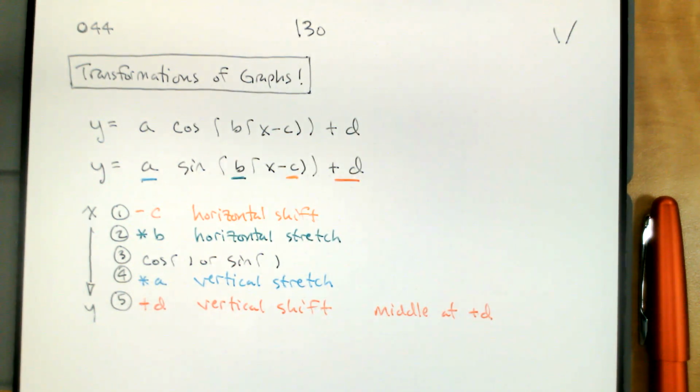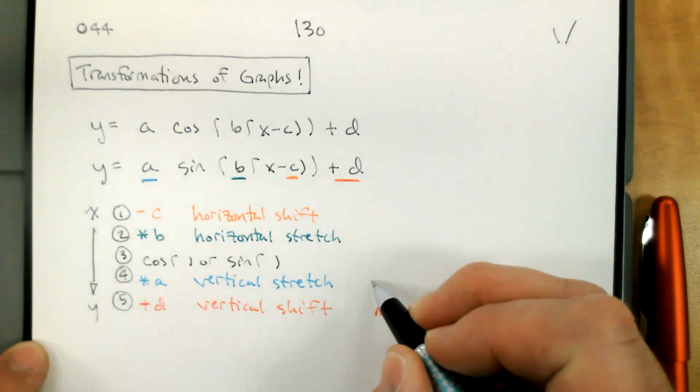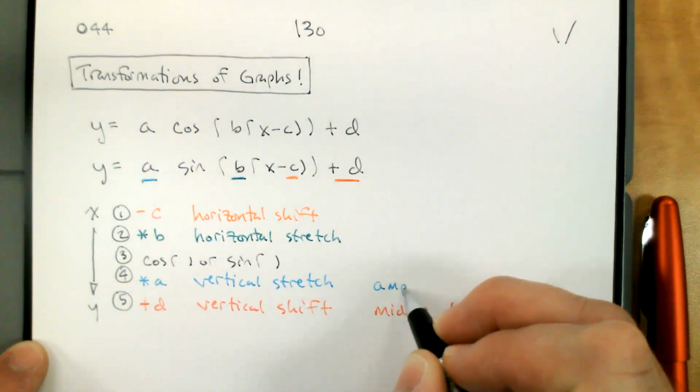The coefficient a, the absolute value of a, will tell us the amplitude. The sign, plus or minus, tells us something else.